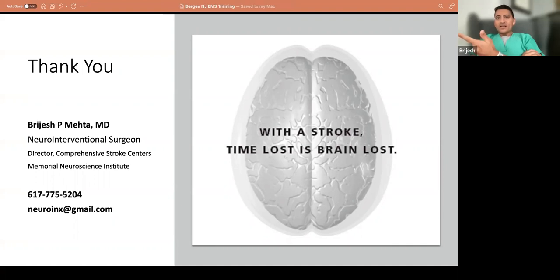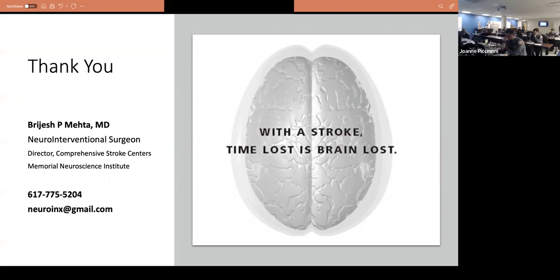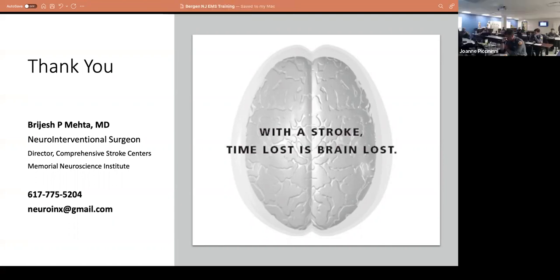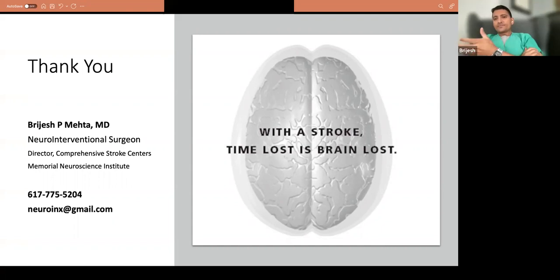The FAST-ED scale has also been validated to be very reliable for predicting a large vessel occlusion. So as long as you're doing RACE or FAST-ED, I would say those are the top two being utilized around the country. Another one is called VAN. The main difference there is that it does not include a numerical scale. It's just a VAN positive or VAN negative.